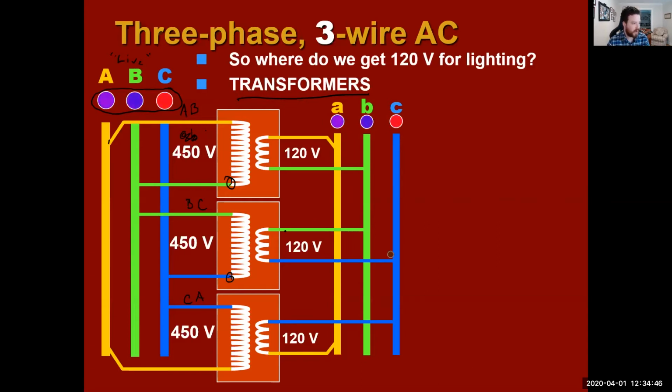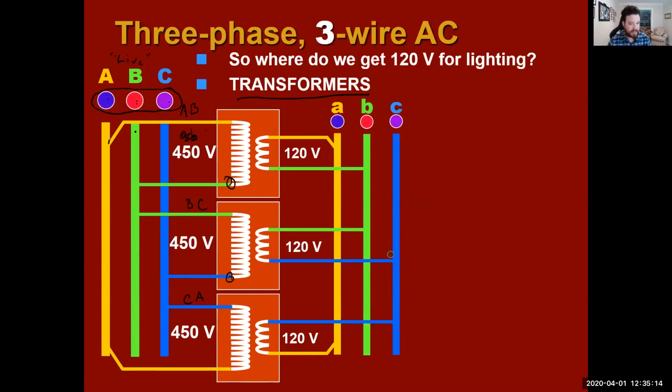It's creating a potential difference between the two. From A to B, A is lit, B is black or blue. All right. And then B is lit and C is blue. And what's happening is that they are all 120 degrees out of phase with each other. And so your potential difference, because it's AC voltage, if this was DC, this would never work.